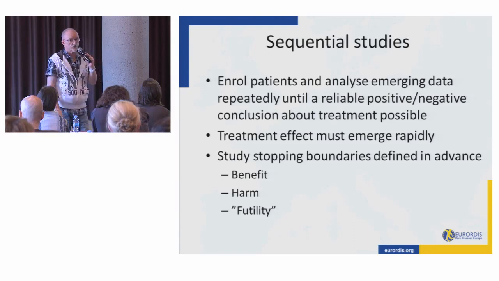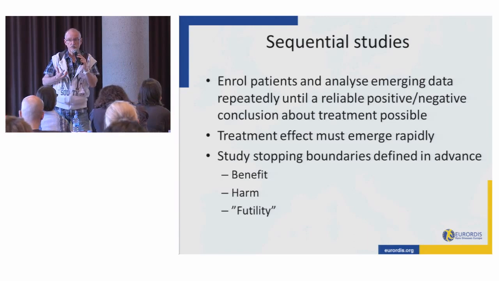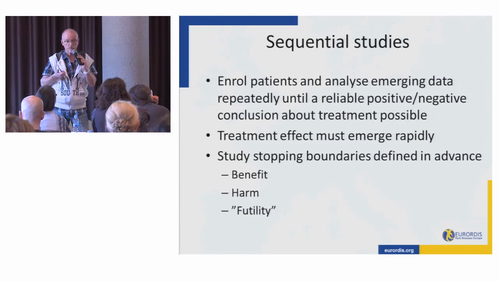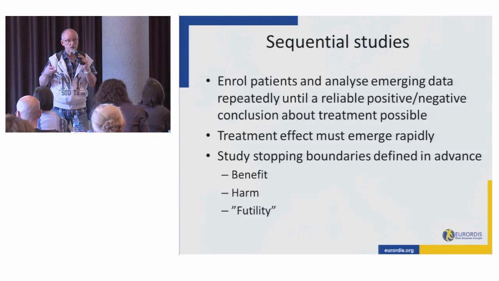And this is what you can do also in situations where the treatment effect emerges relatively quickly, like in a matter of a couple of weeks. We could envisage, for example, gene therapy for hemophilia: you could give the gene therapy to patients at different doses.